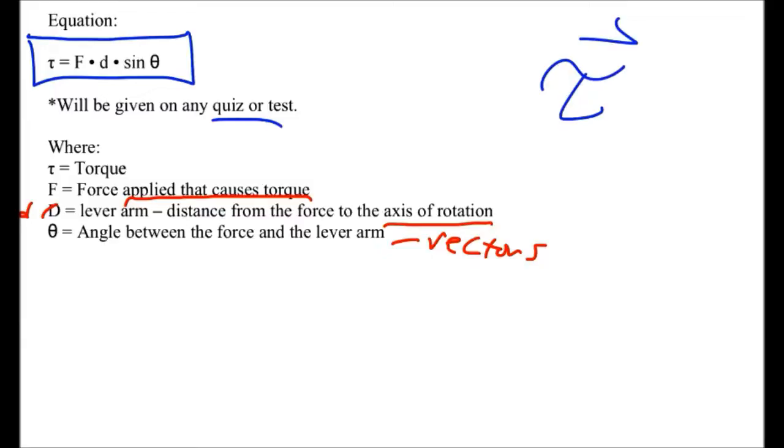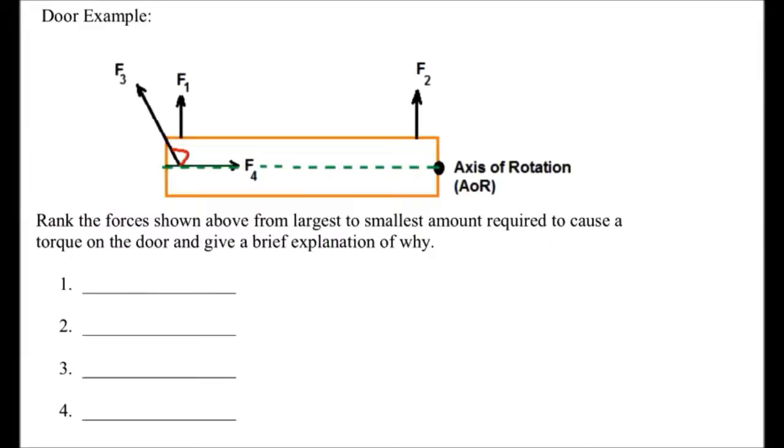So let's see if we can plug in some stuff. We have this example here of a door, and this point right down here is our axis of rotation. That means that the door could rotate in this direction, or it could rotate in that direction. It's free to swing around the hinges down here.